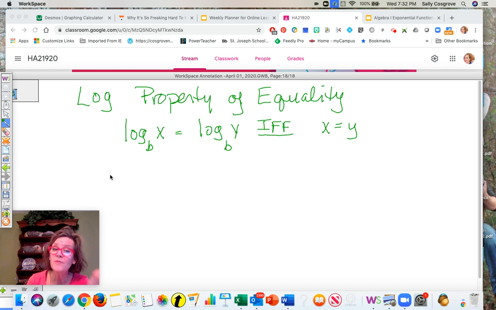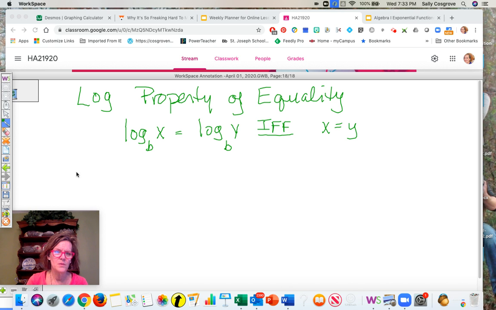So this one is very similar to the property of equality for exponentials, because remember there we had b to the x equals b to the y, so x equals y. Well, now we've logified that, right? So we said log base b of x equals log base b of y if x equals y. This is what we're going to use in the second set of examples. So let's get on with it.